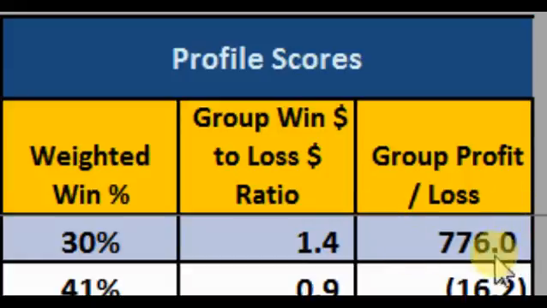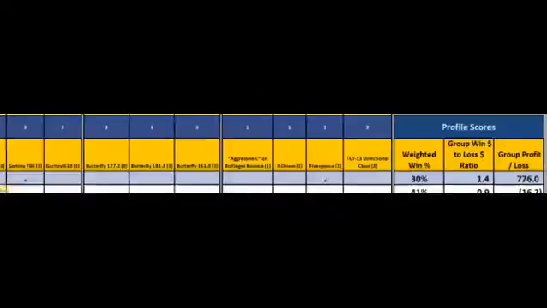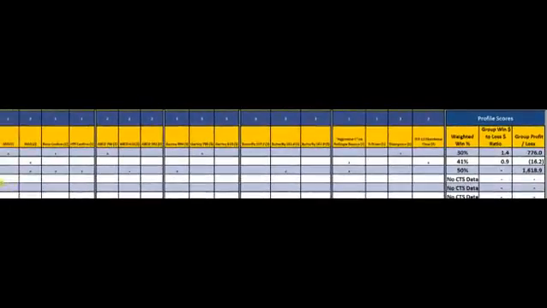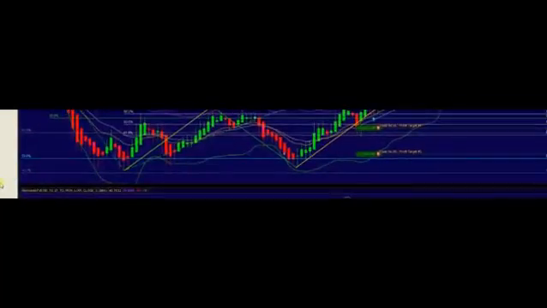And with the overall profit and loss of this particular CTS group being $776 for the year on this particular strategy. So that's what was planned based on the characteristics the trade had showed.